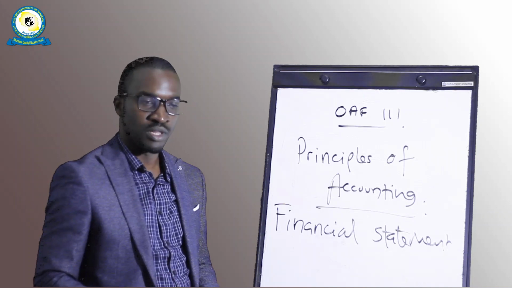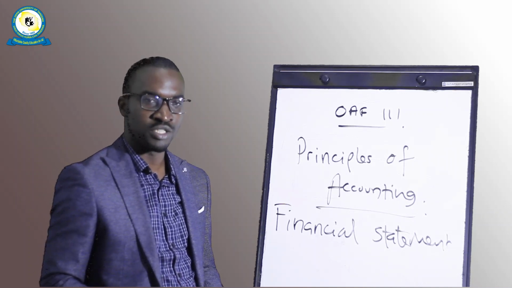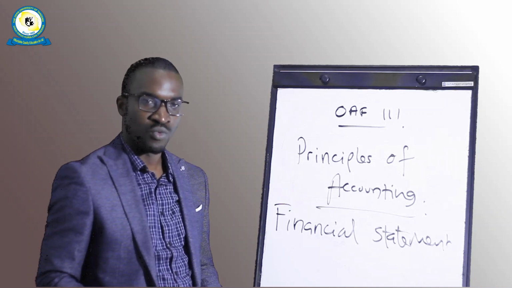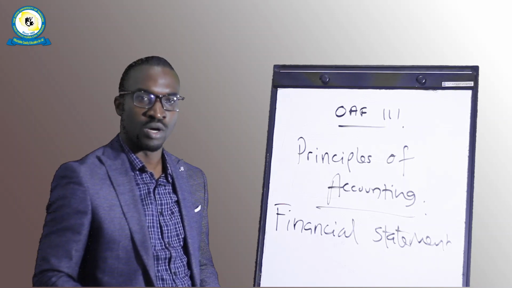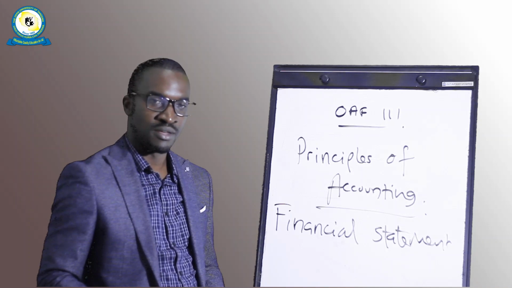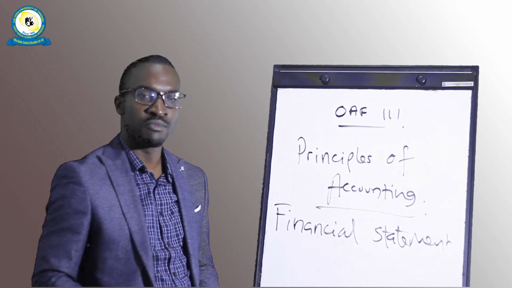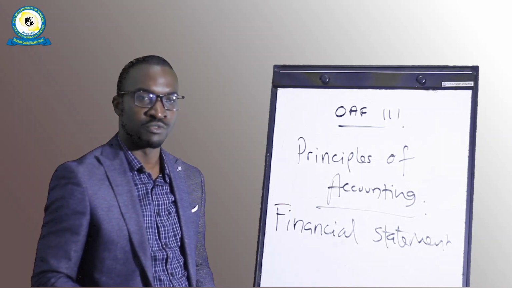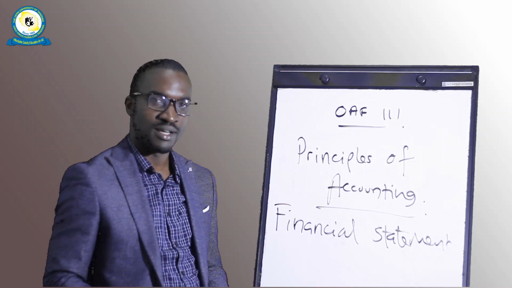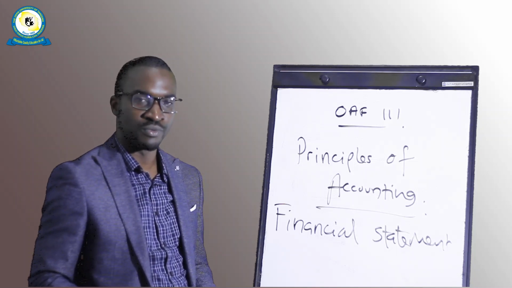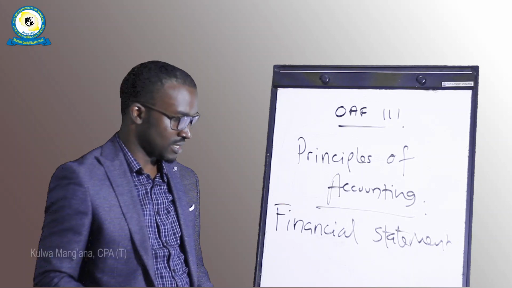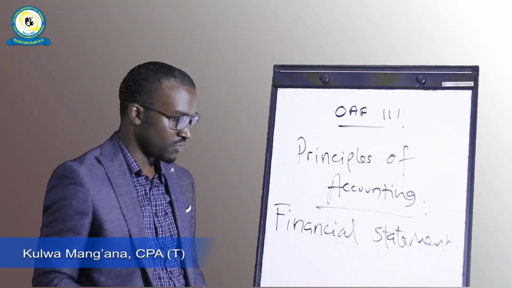The former two, the balance sheet and income statement, we are not used to calling by those names recently. The name now used for the balance sheet is the statement of financial position, and the name used for the income statement is the statement of financial performance.